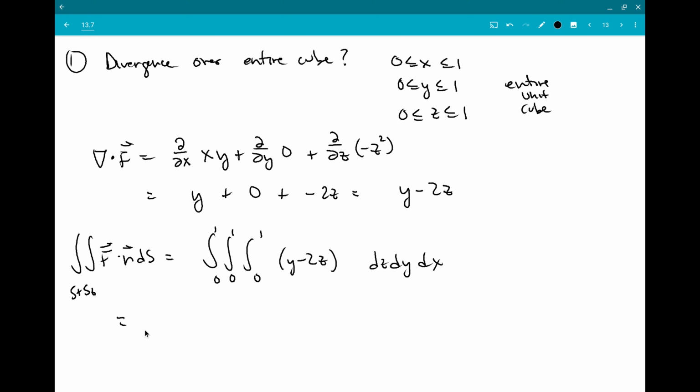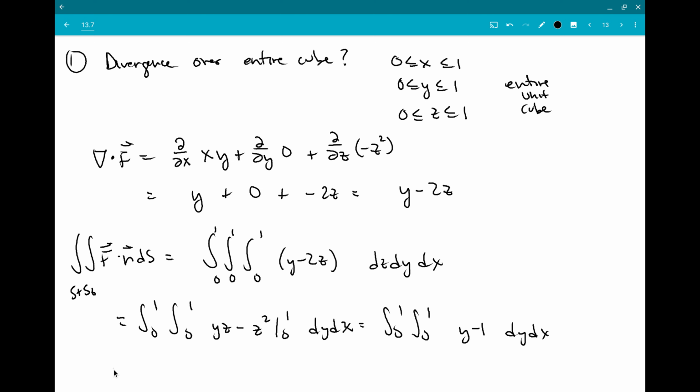I think it should be pretty simple with all the ones. So integral of y minus 2z with respect to z is going to be yz minus z squared, evaluated from 0 to 1. So that just becomes y minus 1 minus 0 minus 0. Integral of y minus 1 is 1/2 y squared minus y, evaluated from 0 to 1.